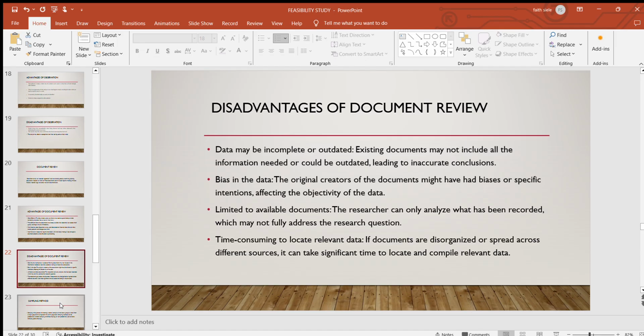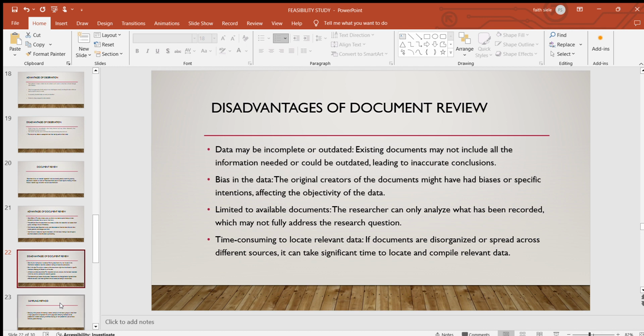Data may be incomplete or outdated, whereby existing documents may not include all the information which is needed or could be outdated, leading to inaccurate conclusions. Number two, there is bias in data, whereby the original creators of that particular document might have had biases or even specific intentions, therefore affecting the objectivity of the data.